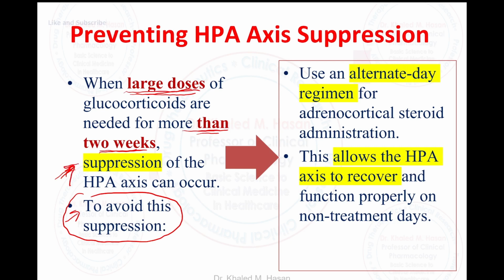And we have some recommendations on how to avoid this suppression. The question: how to avoid this suppression? They recommend using an alternate day regimen. One day you prescribe it, another day is free, a break. This alternate day regimen allows the axis to recover, so it may help avoid suppression of the HPA axis.